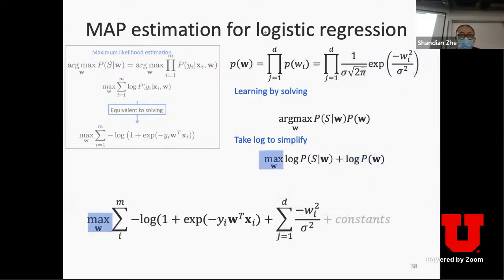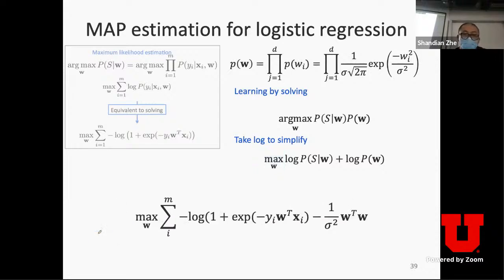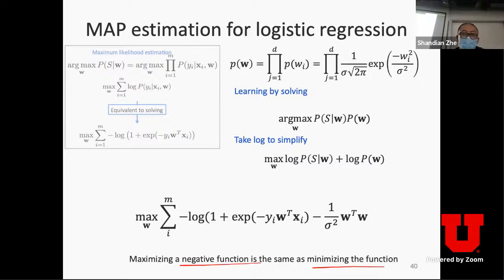Okay. So again, we have a minus sign here and a minus sign here, and we do this maximization, and it looks awkward. So we can just cancel this sign and change it to minimization, since maximizing a negative function is the same as minimizing the function itself.